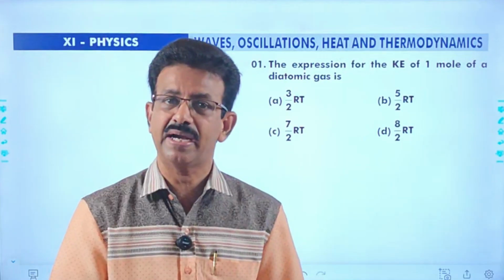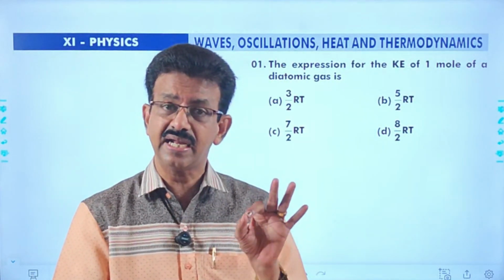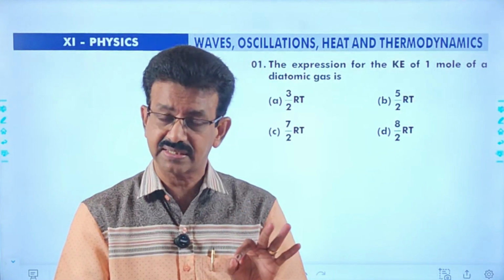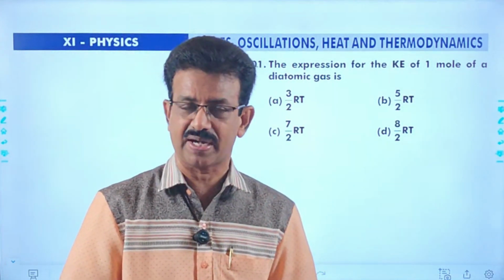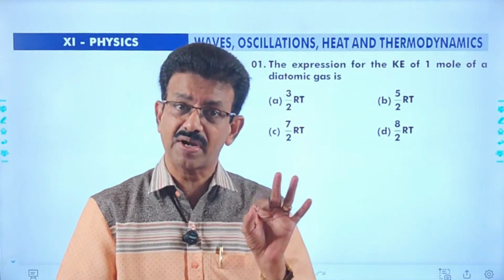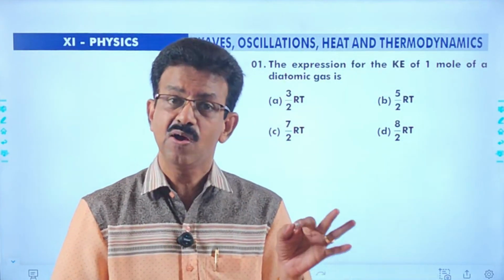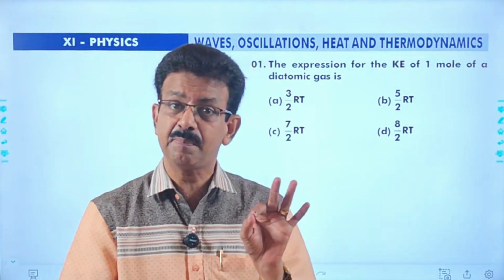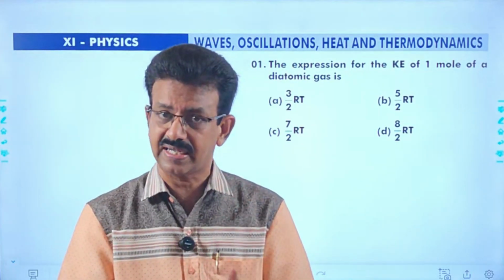Then what is the equipartition theorem? The total kinetic energy of a gas is equally distributed to each degree of freedom, and the kinetic energy per degree of freedom per molecule is half kT, or the kinetic energy per degree of freedom per mole is half RT.